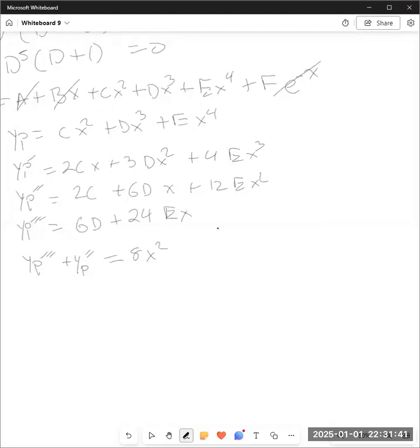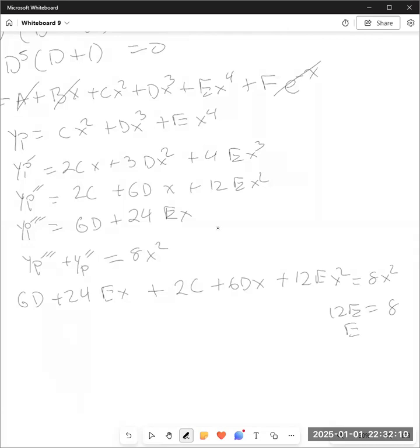Y triple prime is 6d plus 24ex plus y double prime is 2c plus 6dx plus 12ex squared is equal to 8x squared. So my only thing with my x squared terms is 12e needs to be equal to 8. So e needs to be 8 over 12, which is 2/3.